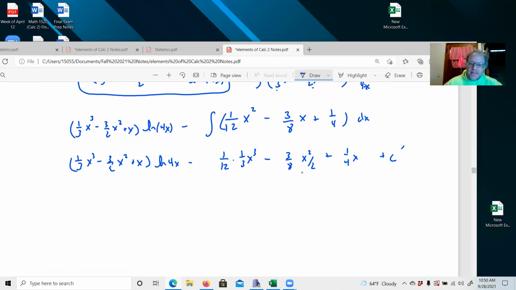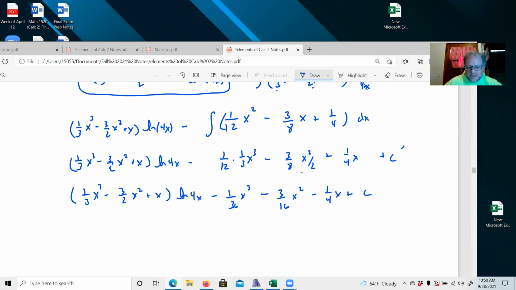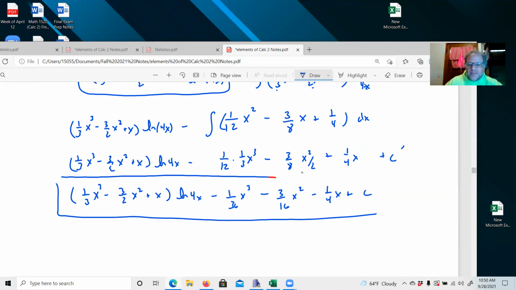All right, let's put this together a little bit more. So we've got 1/3 x cubed minus 3 halves x squared plus x, parentheses, natural log of 4x, minus 12 times 3 is 1 over 36 x cubed, 8 times 2 is 3/16 x squared, minus 1/4 x plus c, and you are done. That's it. That is how you integrate that.